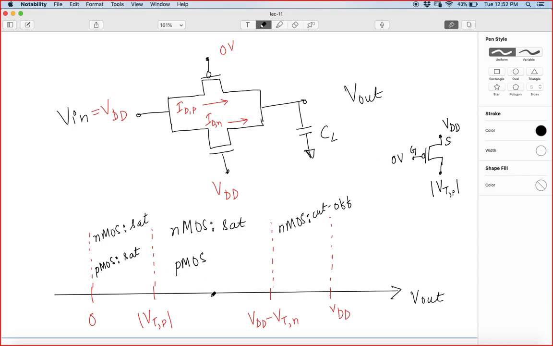So in this region, when Vout is going higher, this is the Vout node, right? Whenever this is going higher than VTP, it goes to the linear region.